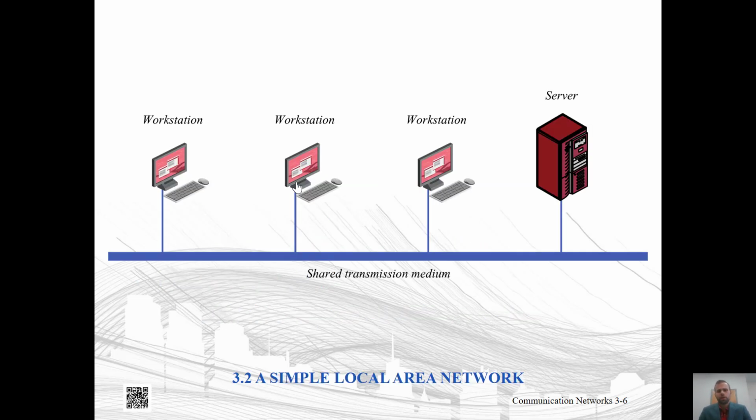So here's a simple graphic of a local area network. You have a shared transmission medium, and you have the various workstations that interface with that transmission medium back to a server, and the server basically works in conjunction with the workstations to set up this simple LAN.